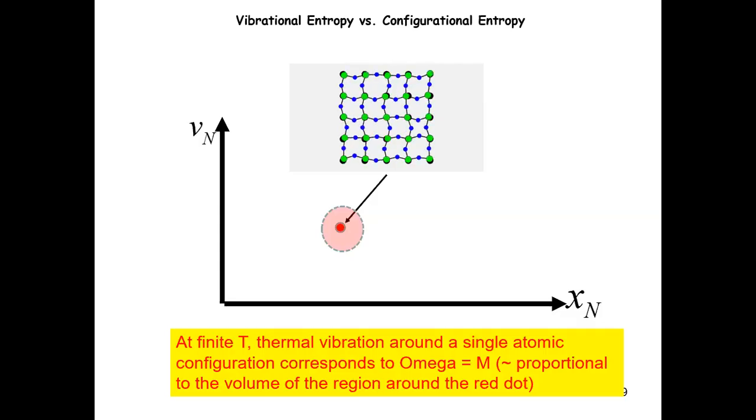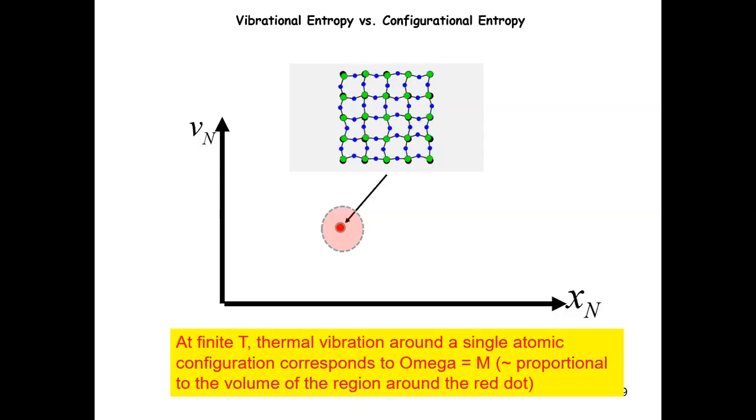Okay, so now if this makes sense, then we can say the entropy, or the number of states that contribute to the entropy, is basically proportional to the volume of the region around the red dot, right? That is the states that can be accessed by this particular solid due to vibration around a crystal structure. Does this make sense?